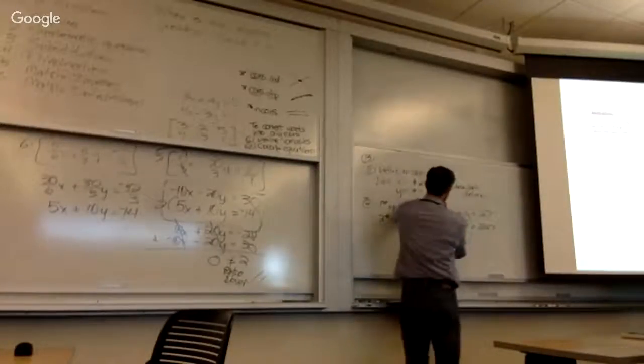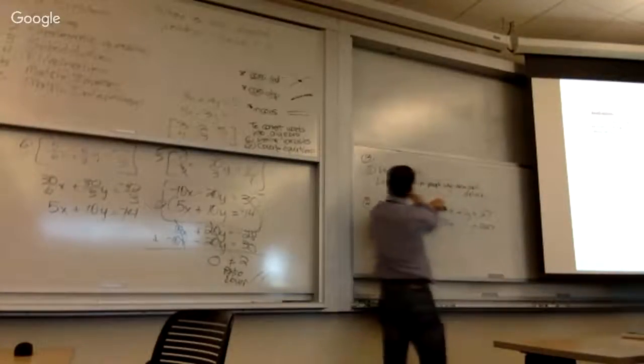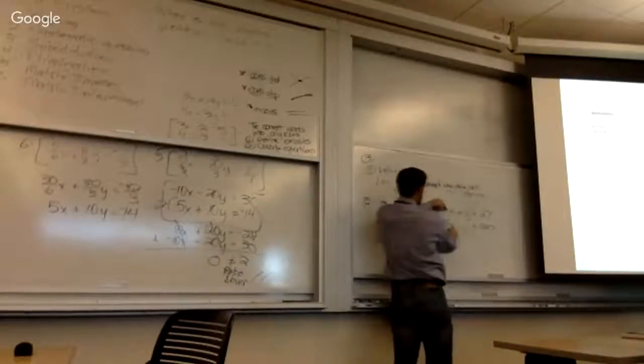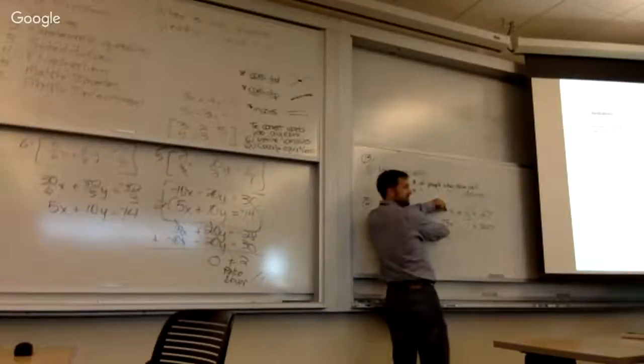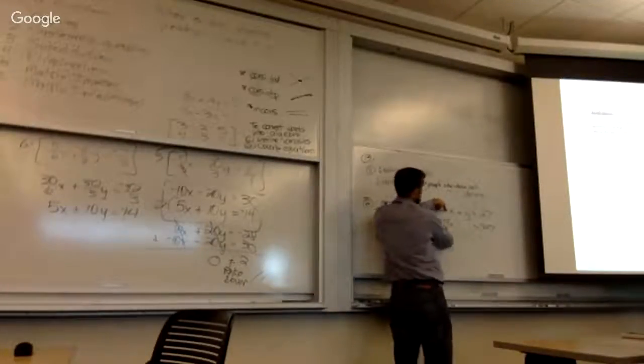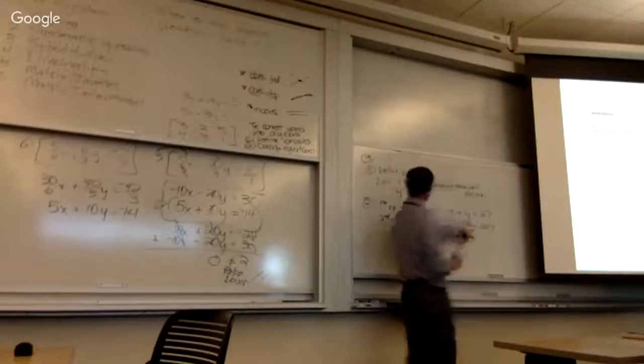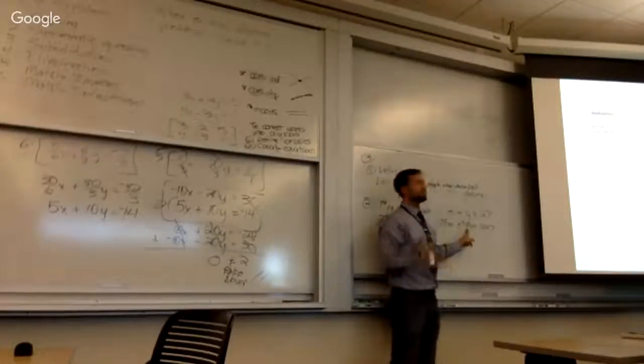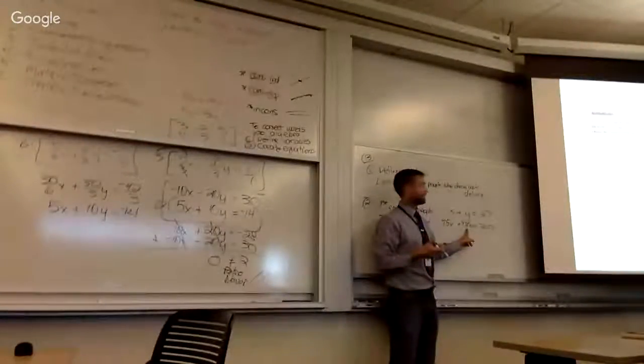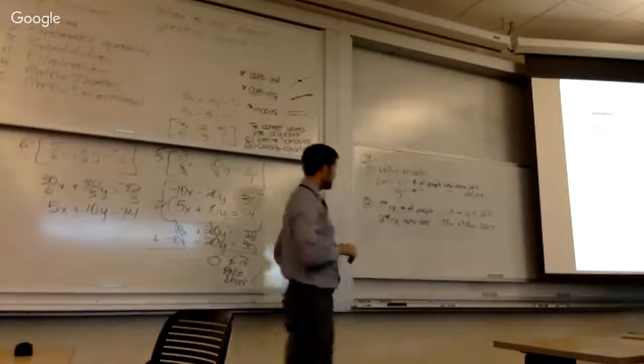Yeah, it's going to be 7.50 times x, because for each person who chose the basic buffet, you have to multiply times 7.50, because that's the amount of money that was spent. And then 9.25y, because y is the number of people who chose deluxe, and 9.25 is the cost of the deluxe. So now we have our two equations.